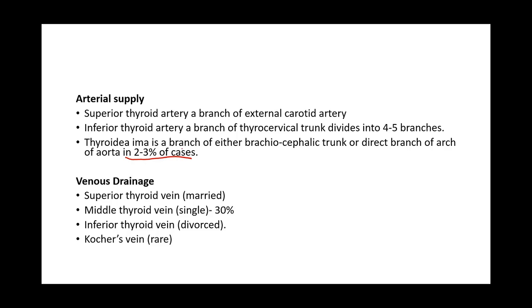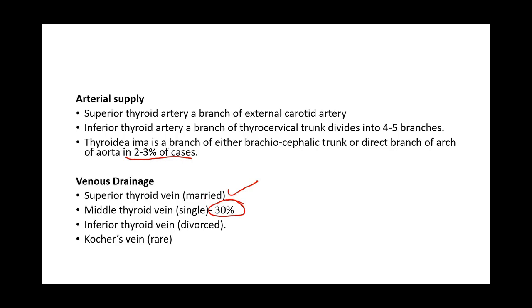Now, the superior thyroid vein goes along with the superior thyroid artery, so they are termed the married vessels. The middle thyroid vein is single, and it occurs in 30% of cases, and its presence sometimes makes it difficult for mobilization of the gland during thyroidectomy.